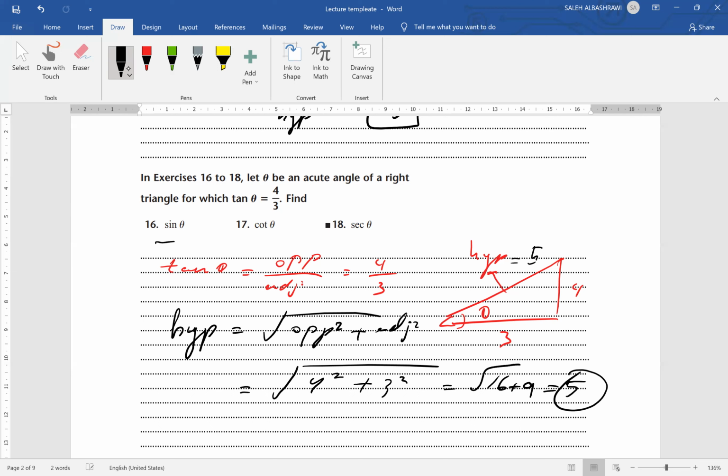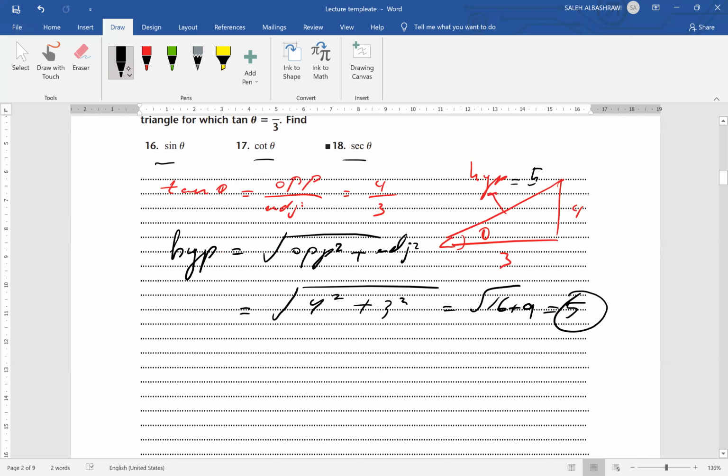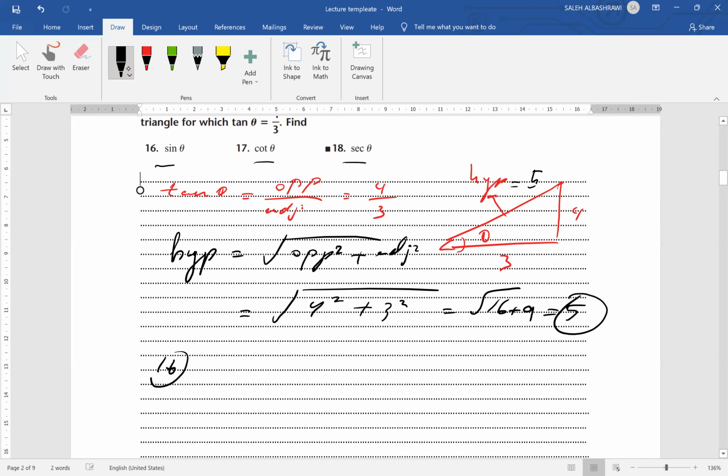So I can now find the sine, cotangent, and secant. Sine theta is defined to be the opposite divided by the hypotenuse, which is equal to 4/5.